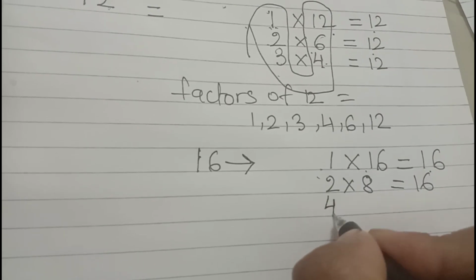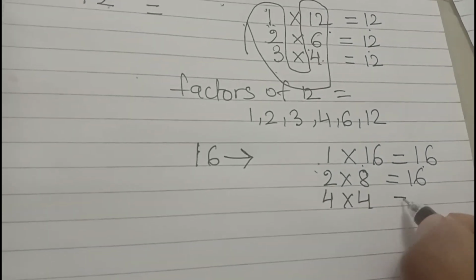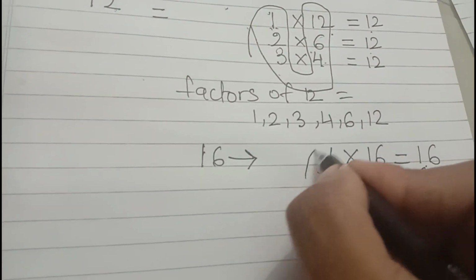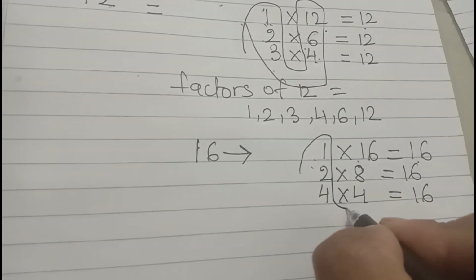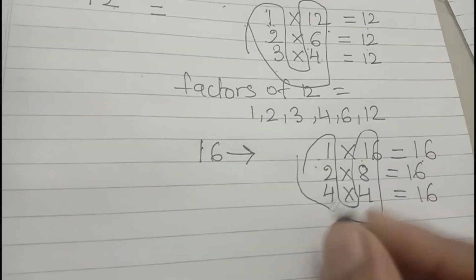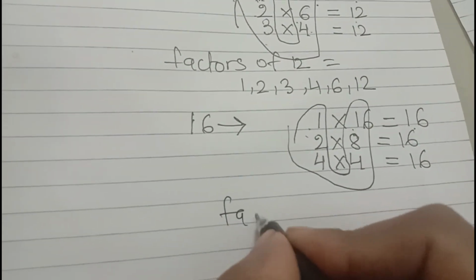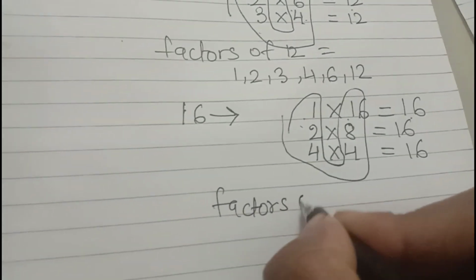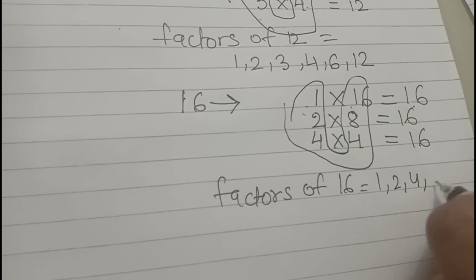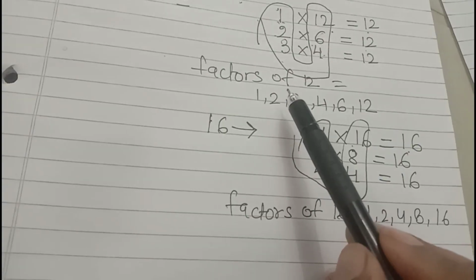In 4's table, 4 fours are 16. 4 we will write only once. 4 two times we need not write. Only once 4 is enough. So factors of 16 are 1, 2, 4, 8 and 16.